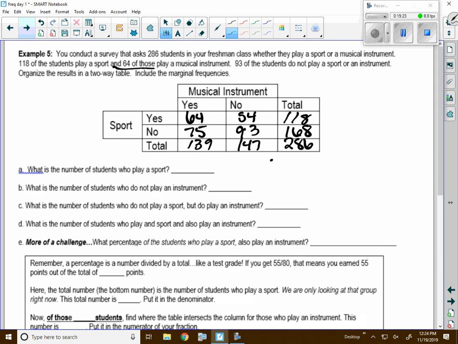Okay, I think that you should be able to answer A through D. I would like to do letter E with you, so please refrain from doing that one. But go ahead and do A, B, C, and D.